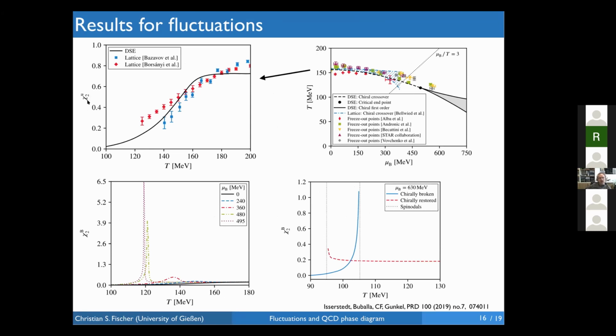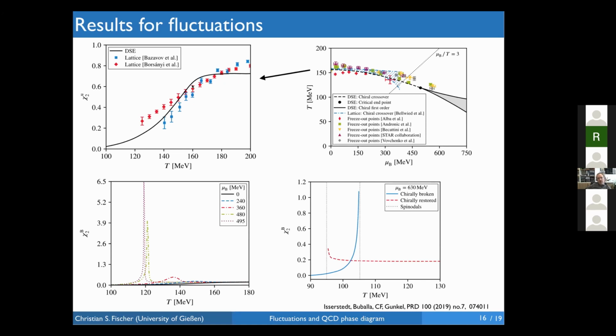What you see here is a second order derivative with respect to the up quark chemical potential. Our result as a function of temperature is shown as the black curve here. And in red and blue, we have corresponding lattice results from the Wuppertal-Budapest and HotQCD collaborations. And what you see is that for temperatures below the pseudocritical temperature for the crossover, we're right in the ballpark of the lattice results.